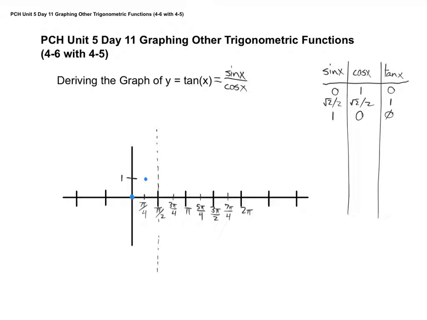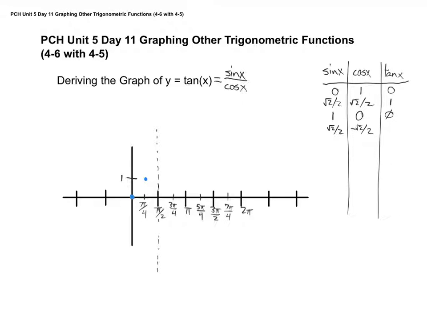Now, let's keep going. 3 pi over 4. Now we're in the second quadrant. All right, so Harrison, what's the sine of 3 pi over 4? Good, radical 2 over 2. How about cosine of 3 pi over 4, Ryan? Negative radical 2 over 2. Good. We're in the second quadrant, so cosine's negative.